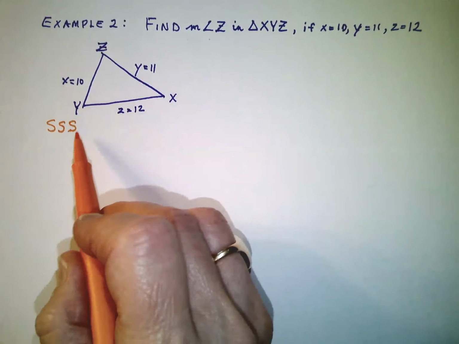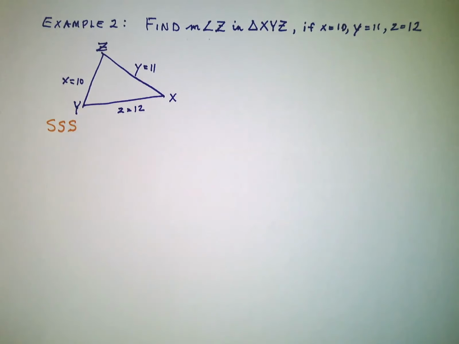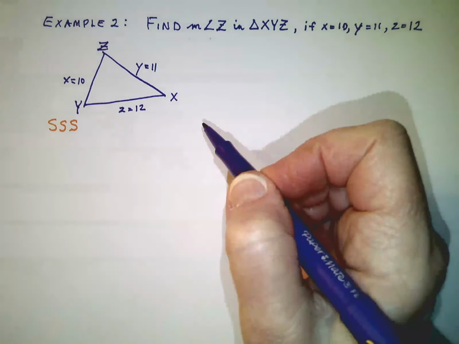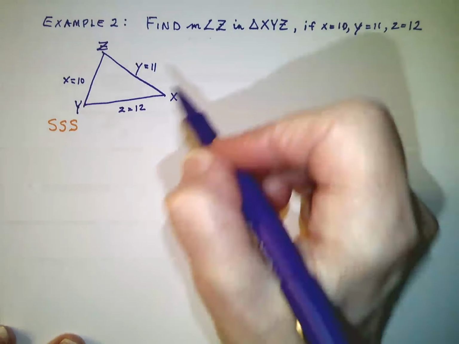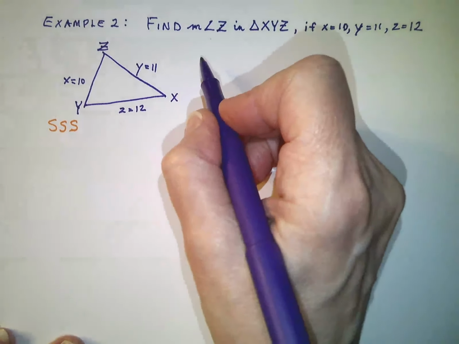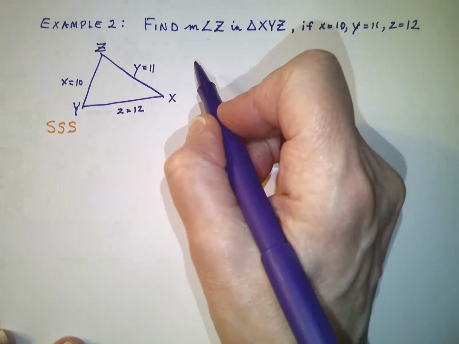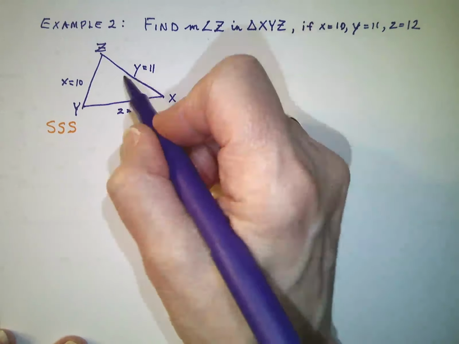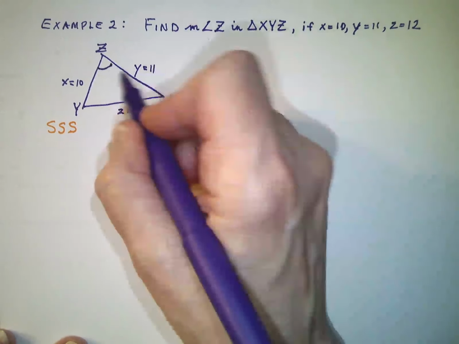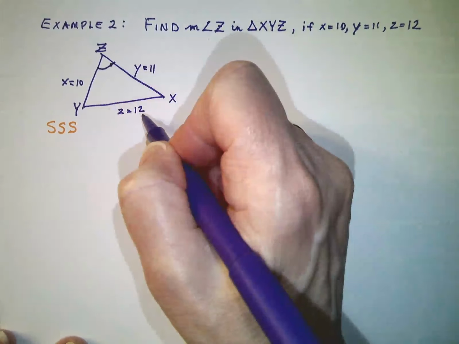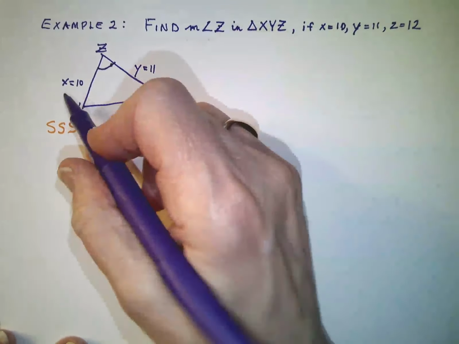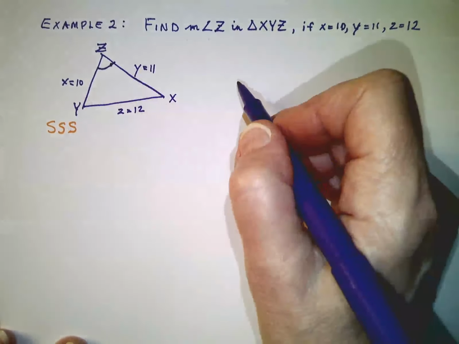That is a unique configuration. We will not have to worry about any ambiguities with the law of cosines. We can find the measure of angle Z here if we know its opposite side and the lengths of the other 2 sides, which we do.